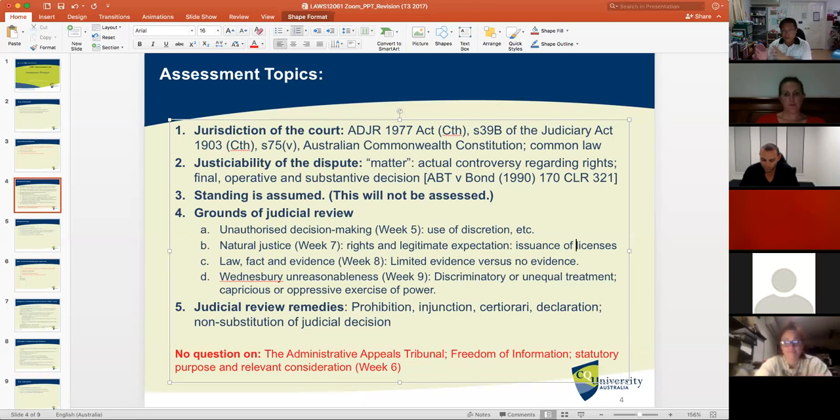So that's the other requirement there. It is an action or decision made by an officer of the Commonwealth, but that particular officer is required to act judicially.